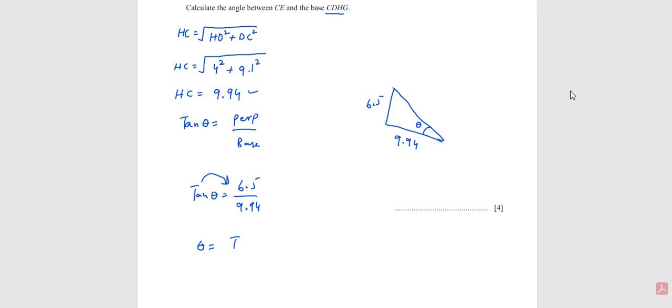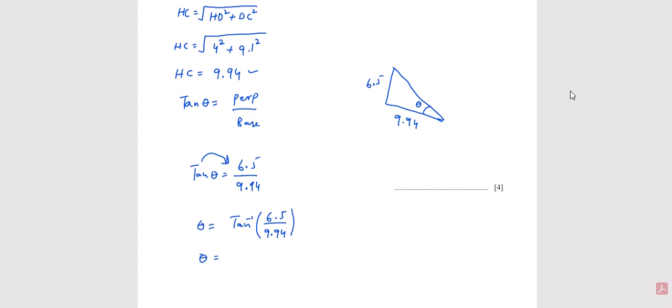Theta is equal to tan inverse of 6.5 divided by 9.94. Calculate these values, we get 33.18. So final answer is 33.18.